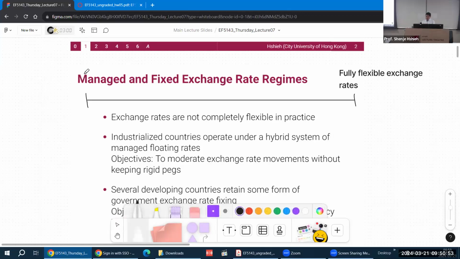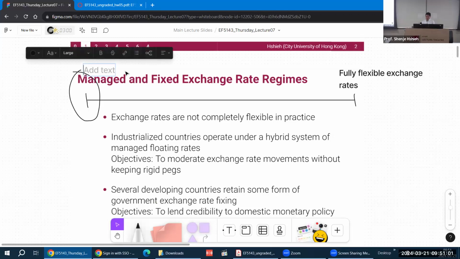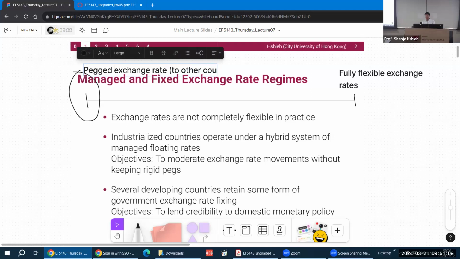But on the other hand, we can go the opposite direction, right? Fully predictable, right? So here we have a pegged exchange rate, to other countries, or to gold, right? Something like that. So some commodity, right?